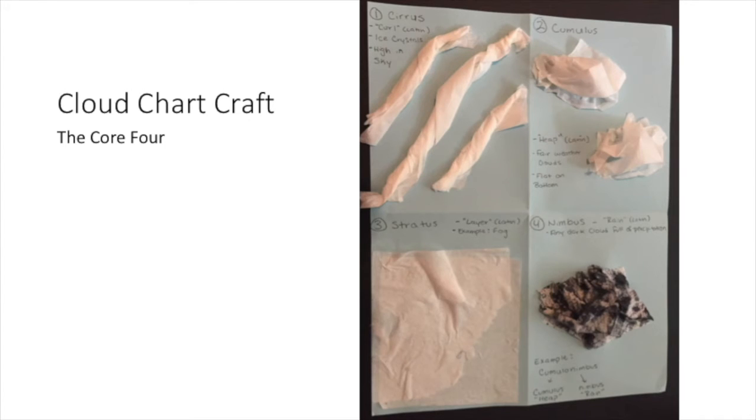I used blue paper for mine, but you can use any color paper that you have on hand. There are 4 different clouds, and we're going to be covering cirrus, cumulus, stratus, and nimbus clouds. Now, I know those are a bunch of fancy Latin words, but no worries, we're going to break those down to understand what they mean all the better.